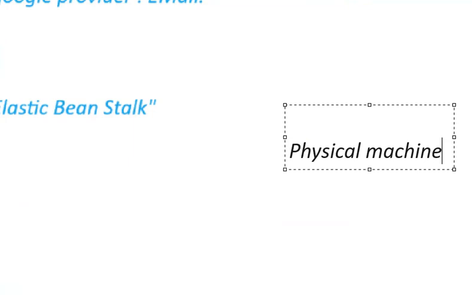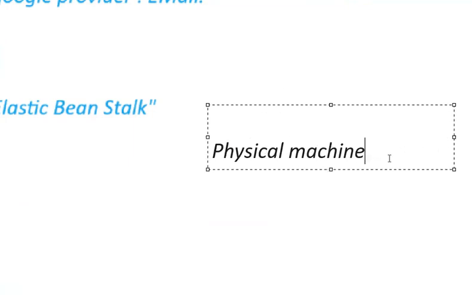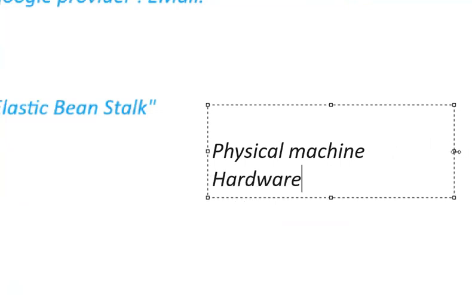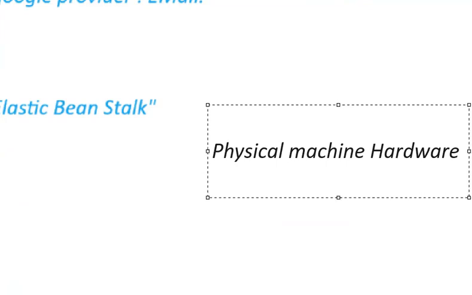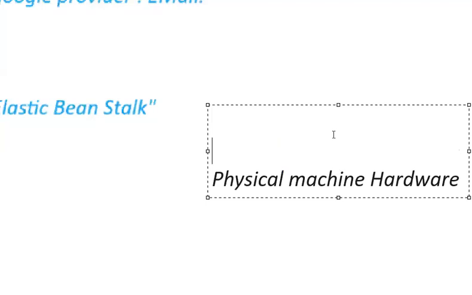Coming to the physical machine hardware, who is going to maintain that hardware? AWS only, right? Yes, AWS needs to maintain that hardware. And on top of the hardware, what do we have? The bottom part is the hardware in the physical machine.